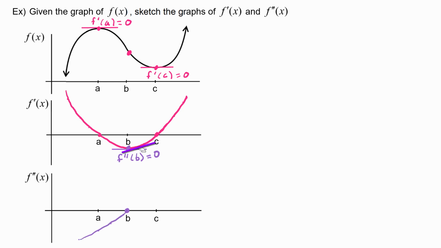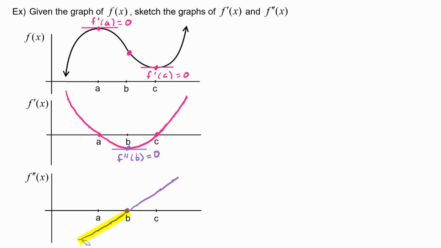After x equals b, the slope is slightly positive, but it's small. Then, as we go along the curve, the slopes are getting steeper and steeper, meaning more and more positive as we go. So this could be a graph of f double prime.